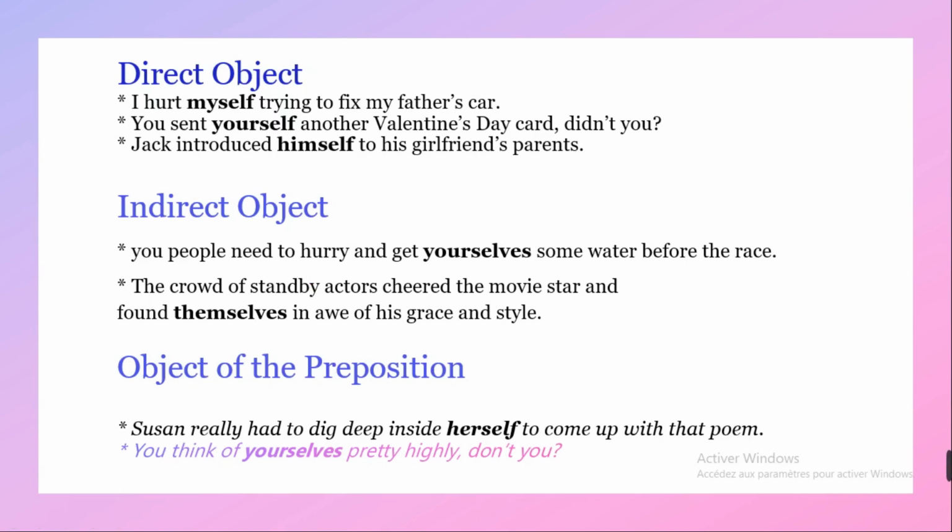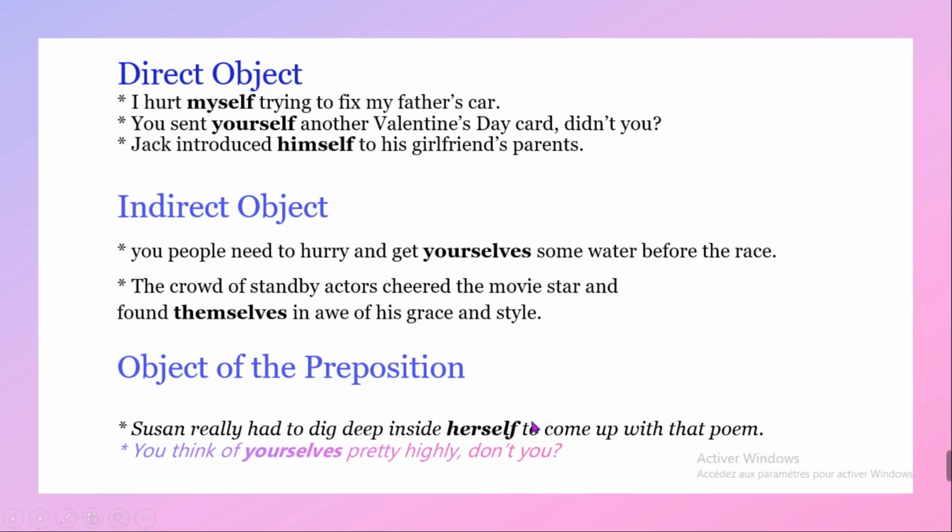Finally, object of the preposition. Susan really had to dig deep inside herself to come up with that poem. So here Susan and herself are the same person. Of course, here herself is the object of preposition.